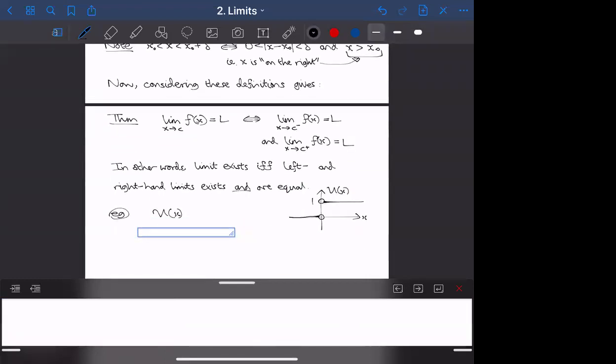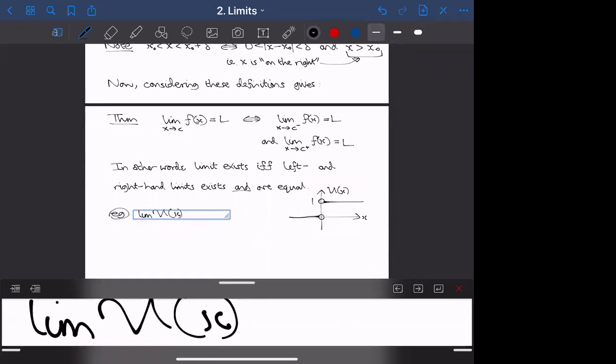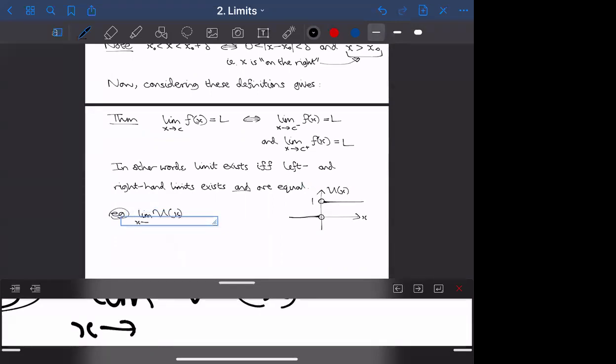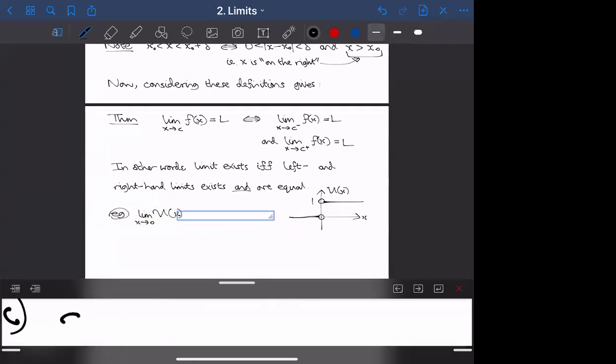So u(x), we said that the limit of u(x) as x goes to 0 does not exist.